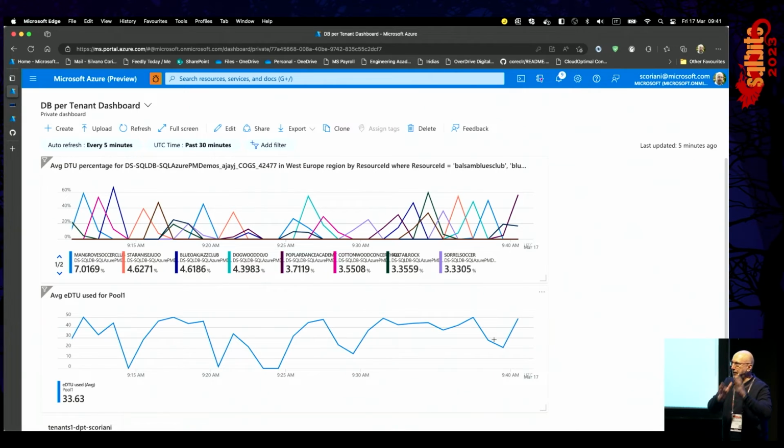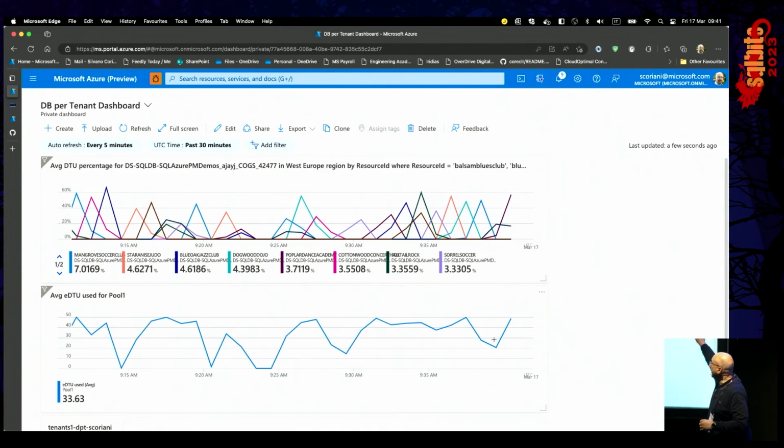So each tenant represents a different venue, and you can see there are right now around 20 different tenants in this single elastic pool. It is a very small elastic pool, 50 DTU. So this is probably going to cost you just a few cents per tenant per month in this particular setup.